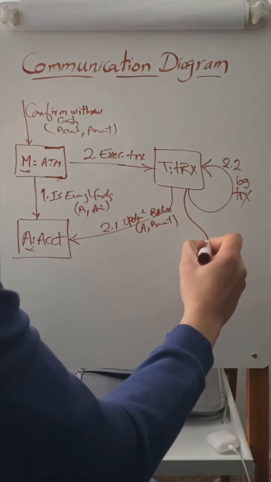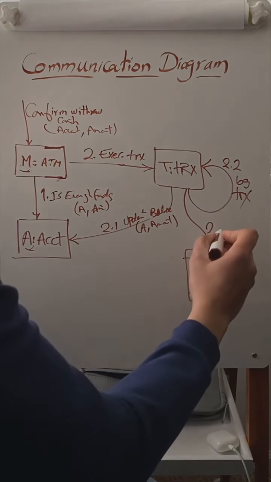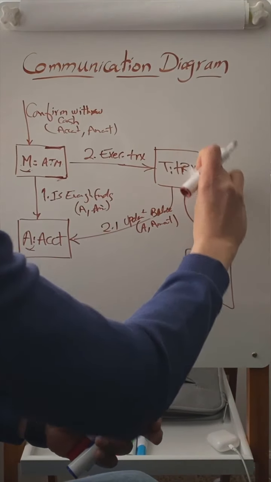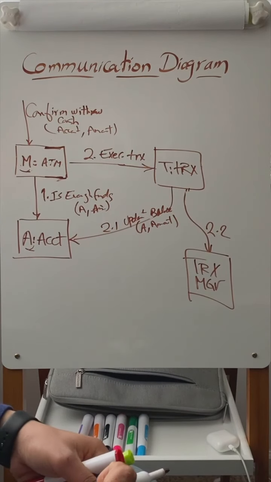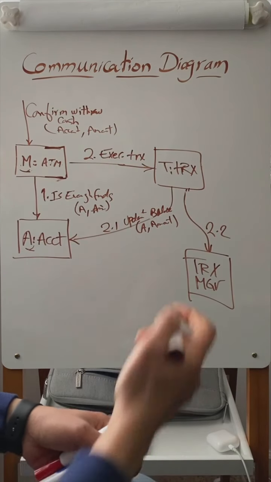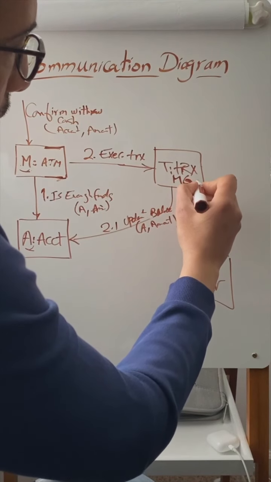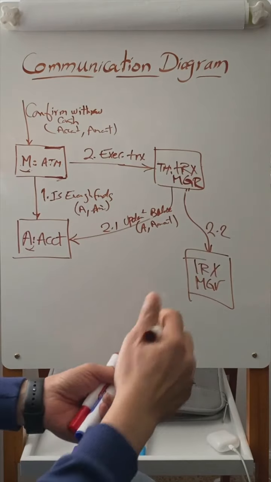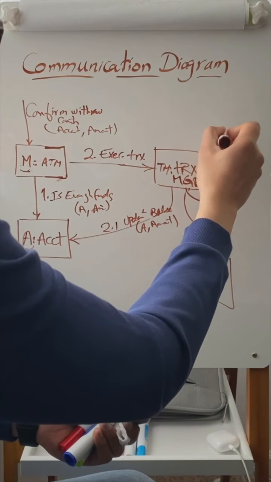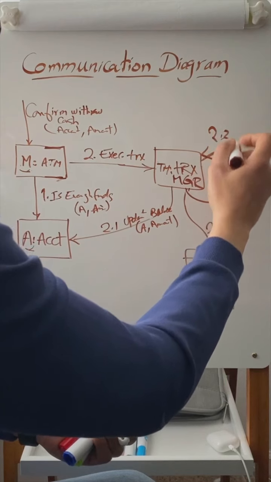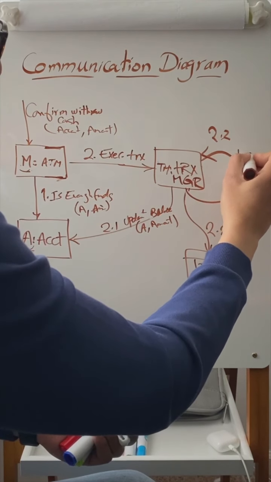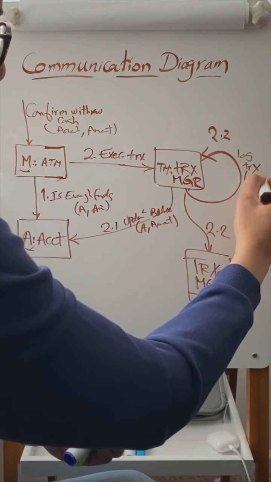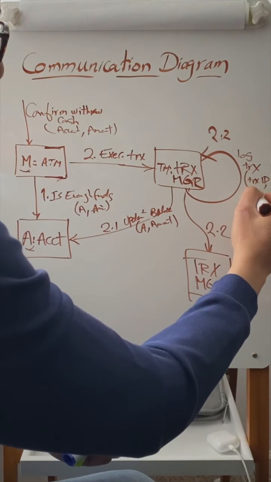So transaction manager will be 2.2 here. Maybe we call this a TM. And we go back to do the 2.2 here, which is log transaction, and maybe you have a trans ID and something.